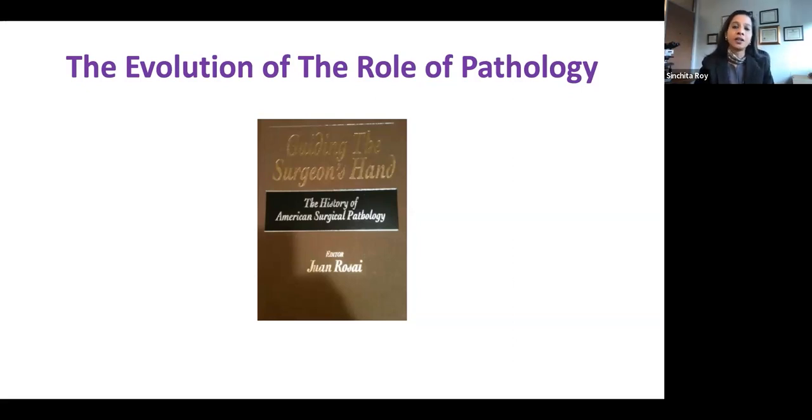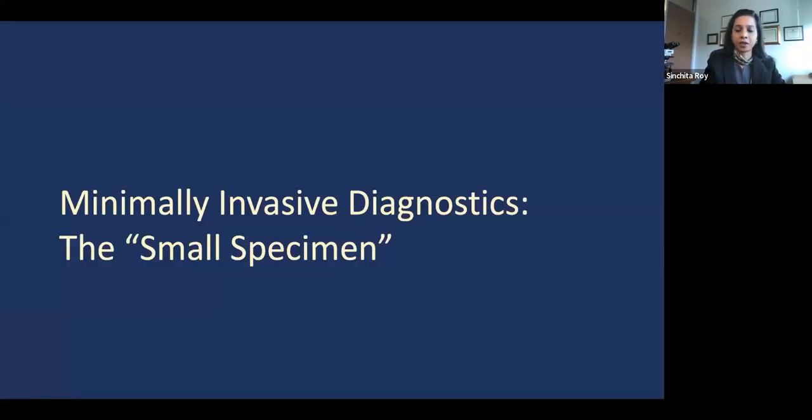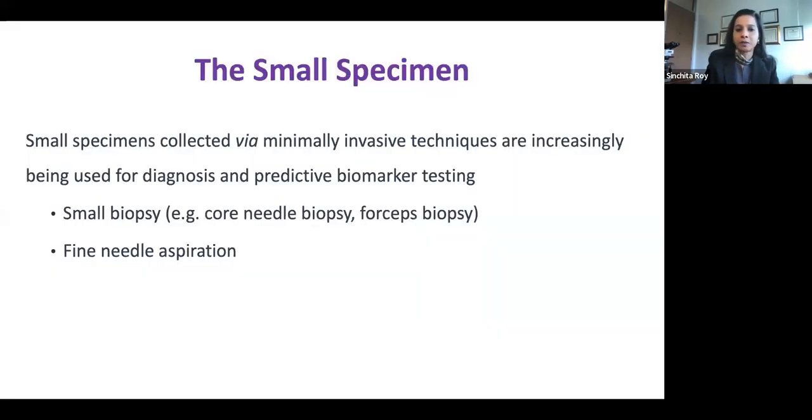So I look at the current role of us in pathology. It's not just guiding the surgeon's hand, which we still do, but also guiding our interventional radiologists, our bronchoscopists, and all of our proceduralists who get us these small specimens, and cytology comprises a very large portion of it. So I'm going to start off by talking a little bit about the small specimens.